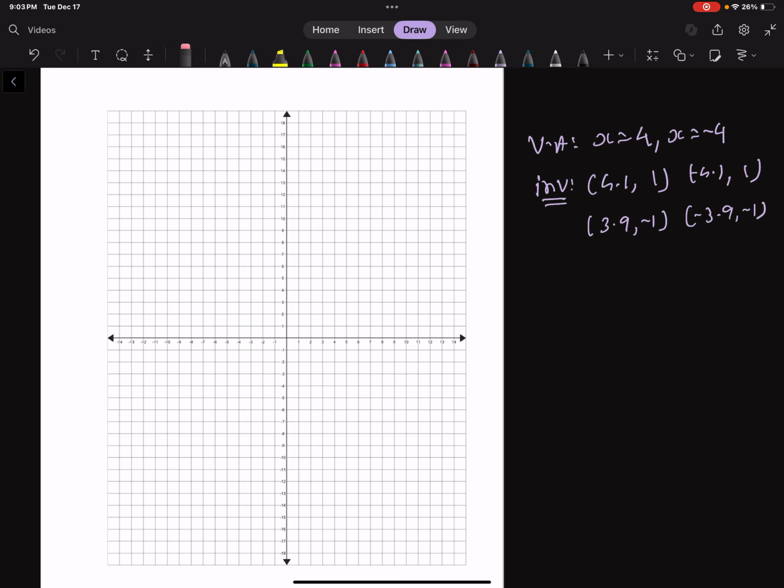Okay, let's plot first. We need the vertical asymptotes, positive 4 and negative 4.